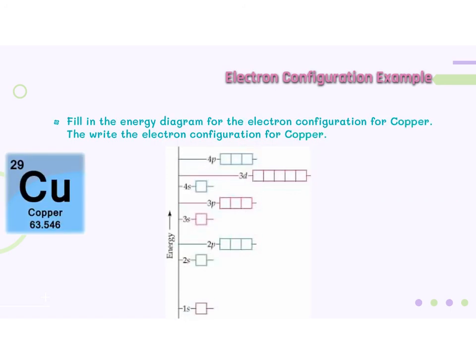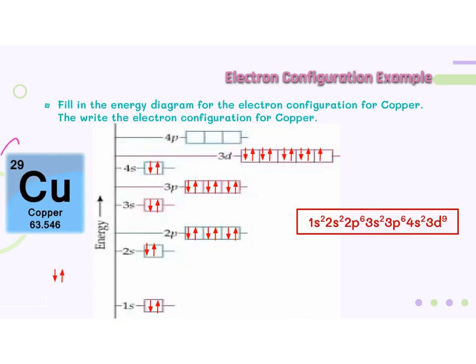Here's an additional example. Fill in the energy diagram for electron configuration for copper. Then write the electron configuration for copper. So if you notice, copper has 29 electrons in a neutral copper atom. So I filled my 1s2 twice. Then I went to 2s, 2p, 3s, 3p.